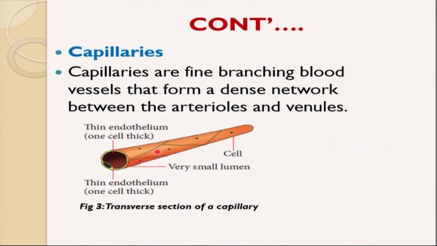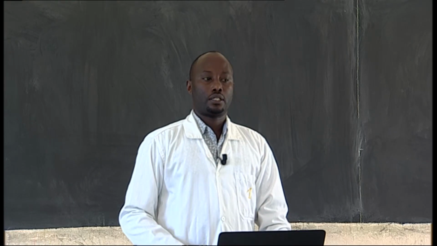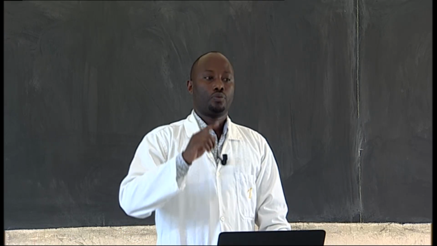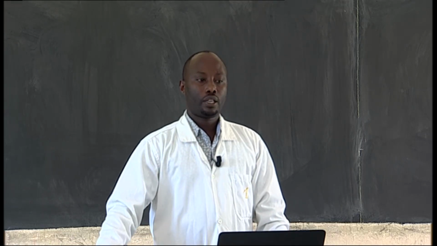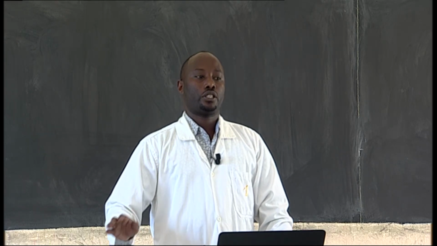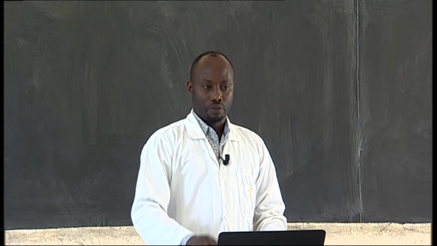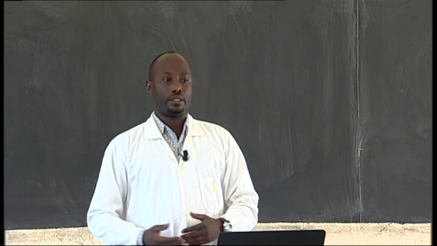Something very interesting is that they have a thin endothelium. Another characteristic is that the capillaries are thin, one cell thick. They are very small and have a small lumen, and this transverse section of a capillary shows its structure.